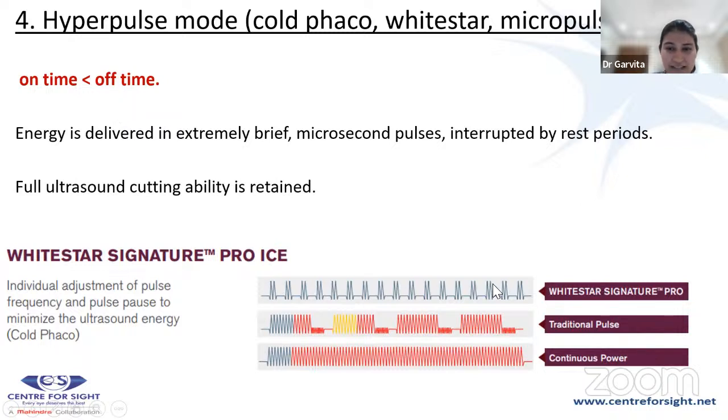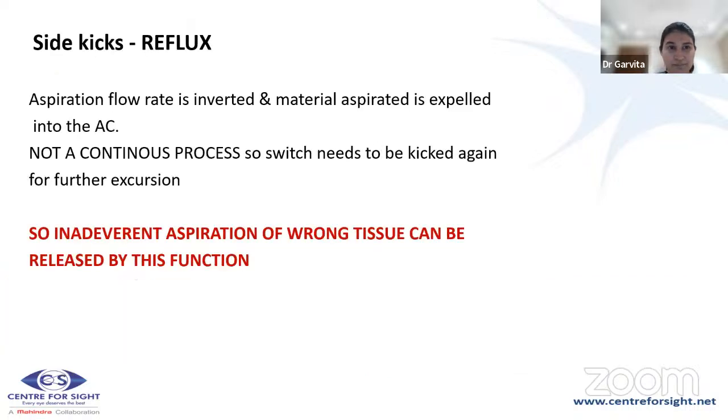Because as we can see in this diagram, in this white star mode, pulses are delivered, but pulses are shorter than the traditional pulse. Therefore, energy that is delivered is very brief, only for microseconds, and it is interrupted by rest periods. And full ultrasound cutting ability is still retained. So most of the high-end machines that are available now generally come with the white star setting.